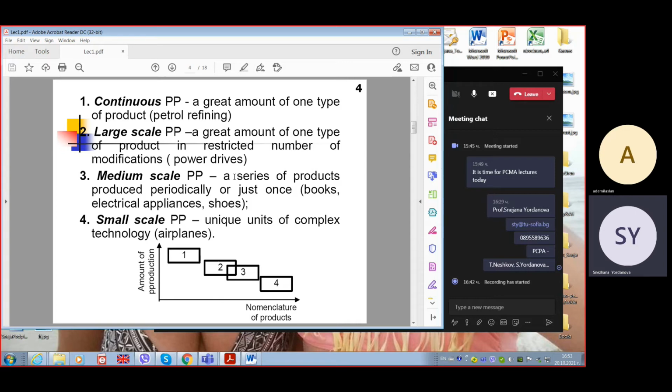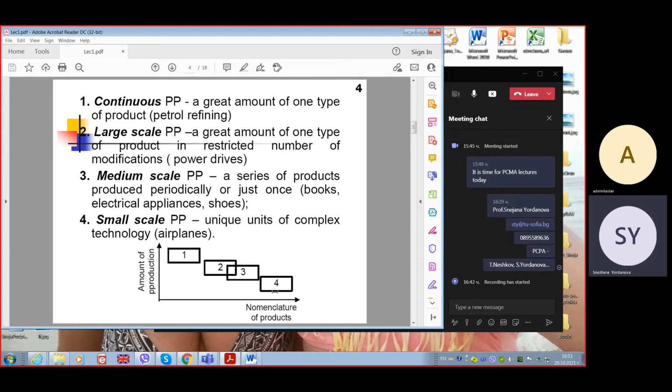So still it is restricted in number, like power drives. Medium scale, still the nomenclature is greater, like electrical appliances, shoes, but the amount produced is smaller. And finally, small scale, we produce 1-2 airplanes per year.